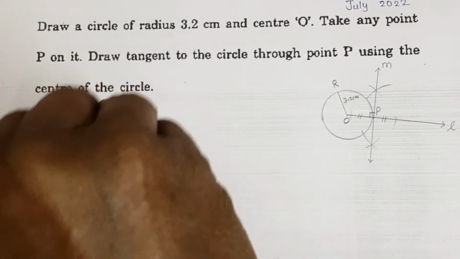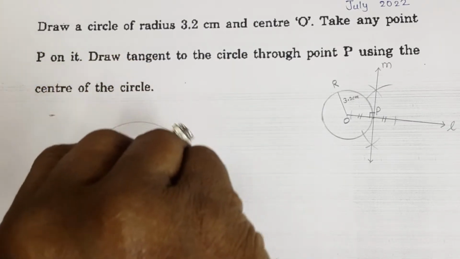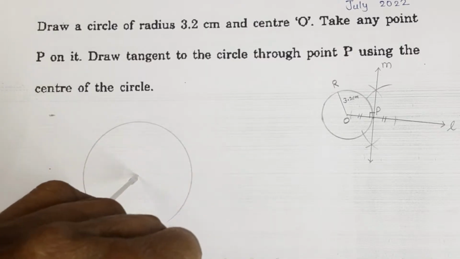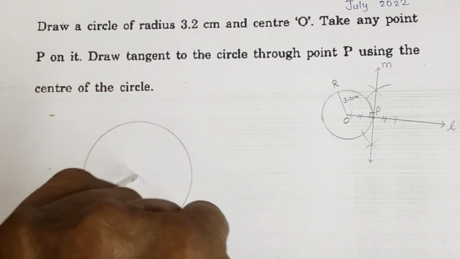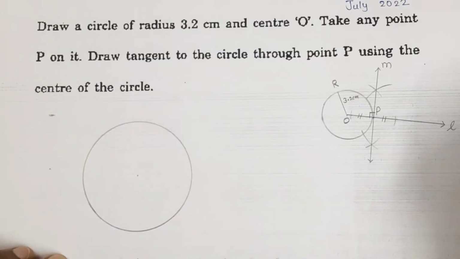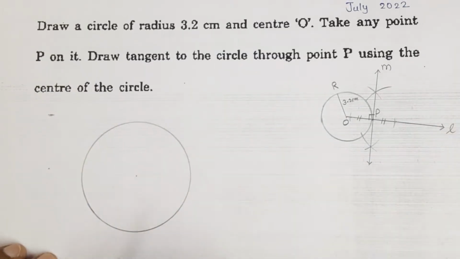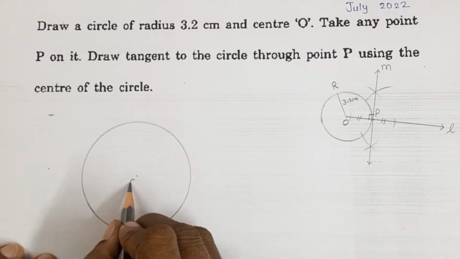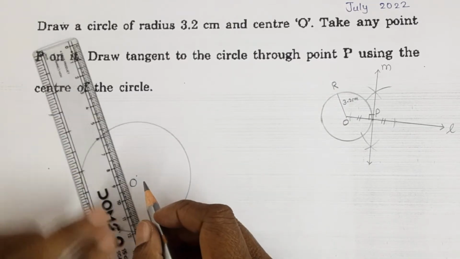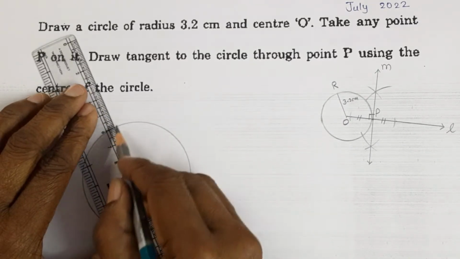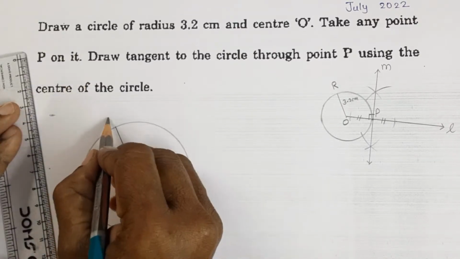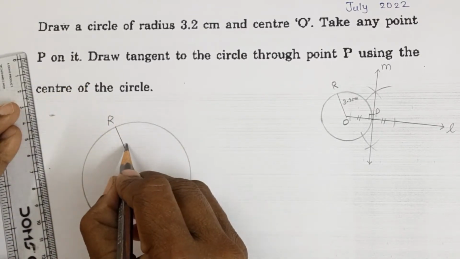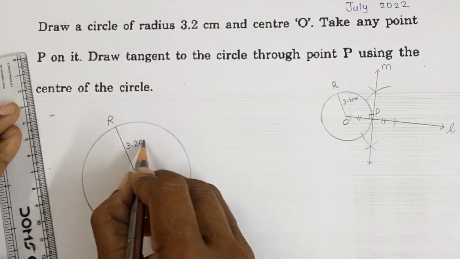So here first draw the circle with radius 3.2 centimeter. Name it as O. Then show the radius OR, that is 3.2 centimeter.